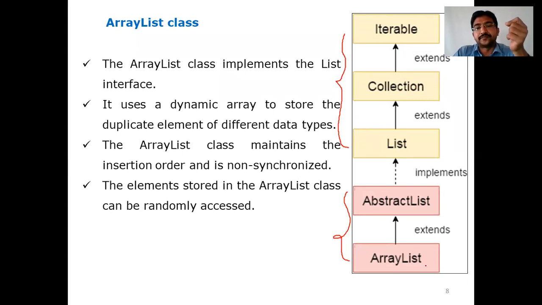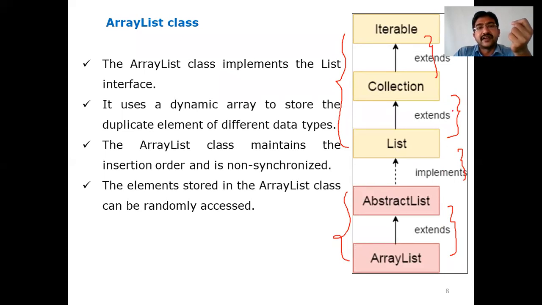Array list extending abstract list is the inheritance concept. Abstract list implementing list, which is an interface, is the inheritance of interfaces: one interface can extend another interface. One class extending another class is class inheritance. A class implementing an interface is implementation.